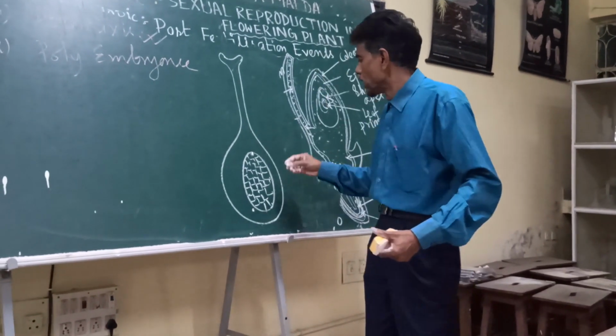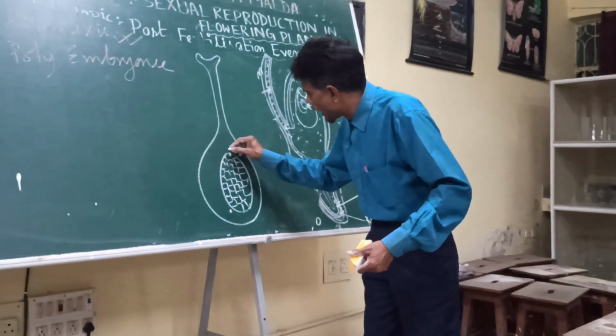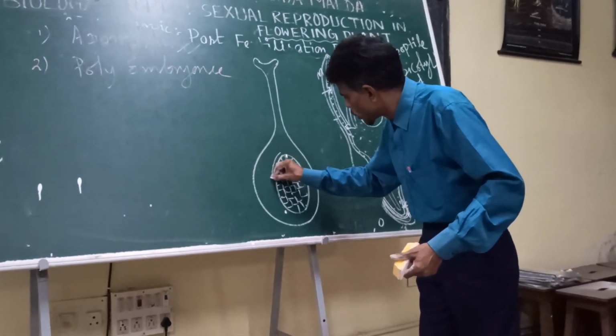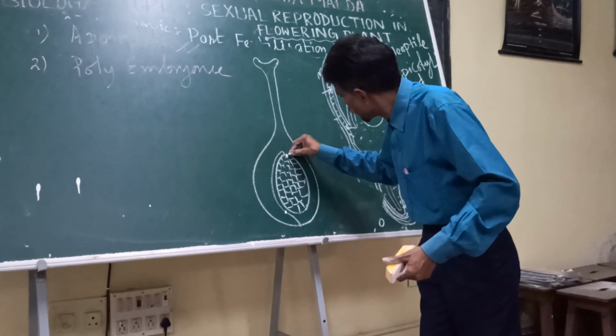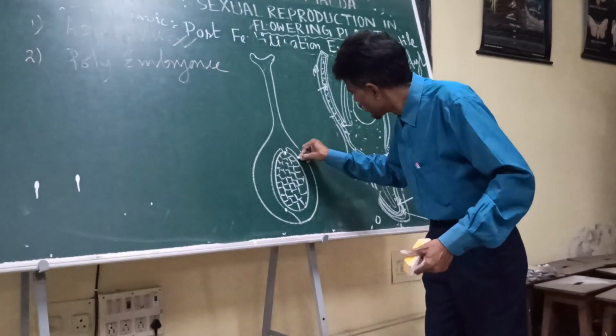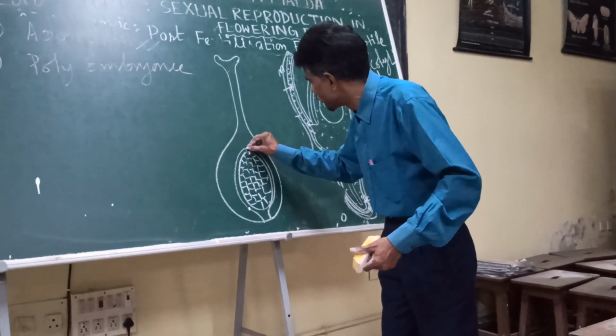These are the nucellar cells forming the nucellar tissue. It is covered by one or two integuments. Here I am showing two integuments.